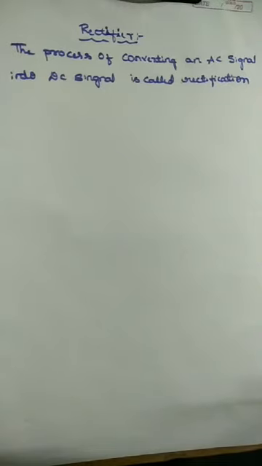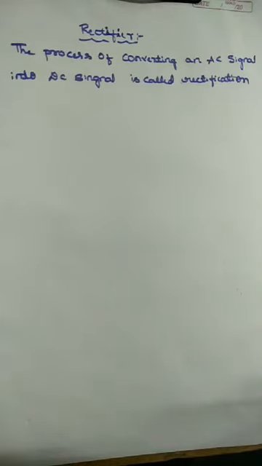Here AC means alternating current and DC means direct current.